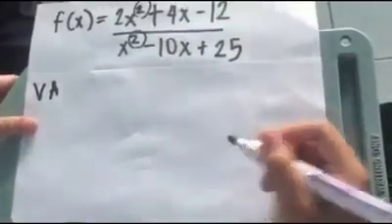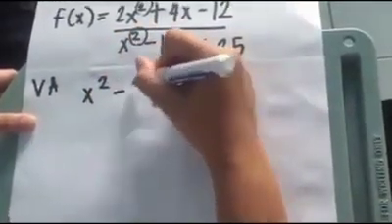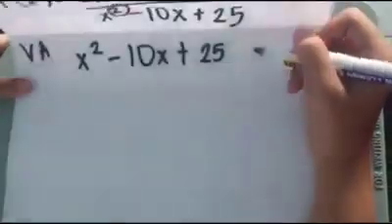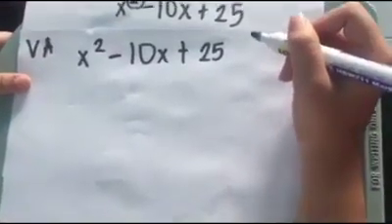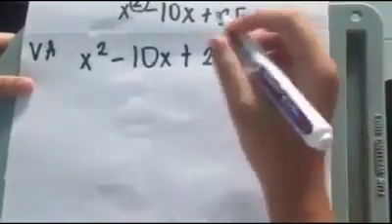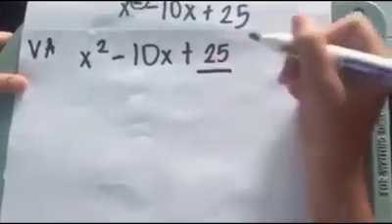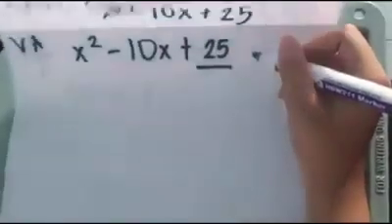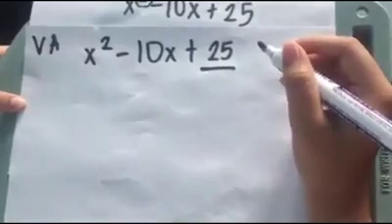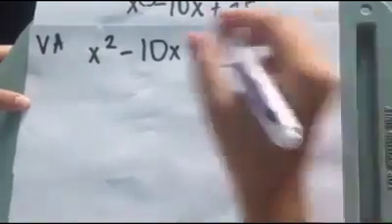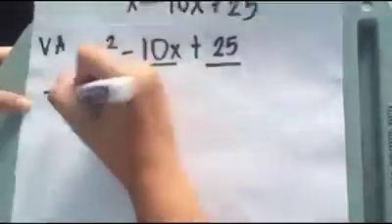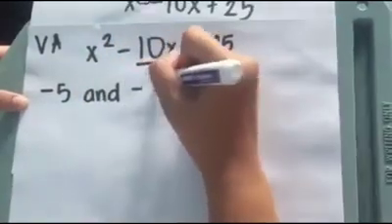Next, let's find the vertical asymptote. In this case, our denominator is x squared minus 10x plus 25. First we need to factor the expression. To find the factors, we will use trial and error. We need to think of a number that when multiplied by itself gives the constant of the expression, and when added to itself gives the coefficient of the second term. That number is negative 5 and negative 5.